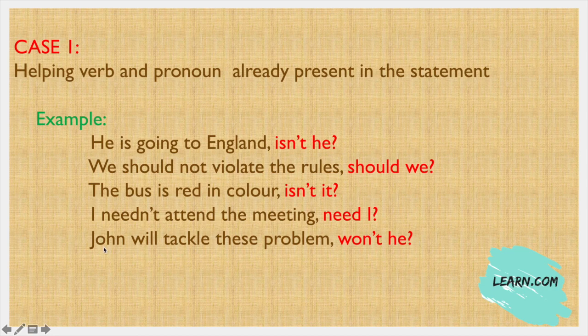The point to be taken care of is that the contracted form of will not is won't. So don't get confused. Some students who come across this first time write it as willn't. There is no such word as willn't in English. The contracted form of will not is won't. Won't he. Fine.